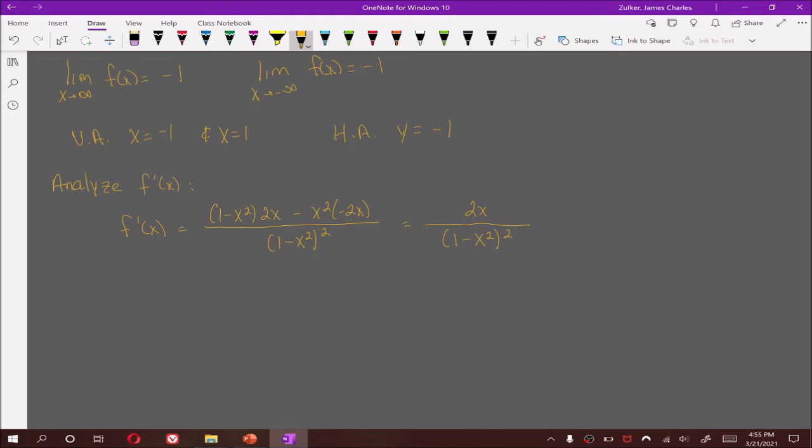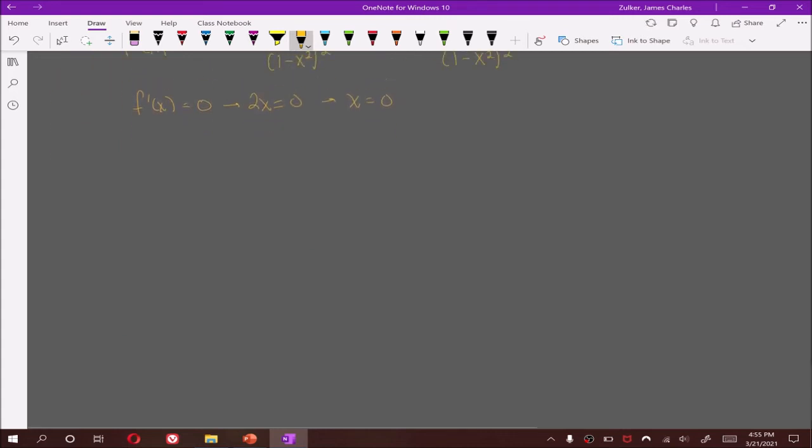Now, the domain of f prime is completely defined. Right? So all you have to worry about is where it's equal to 0. So 2x is 0, which means x is equal to 0.